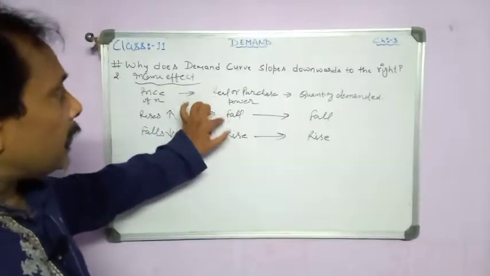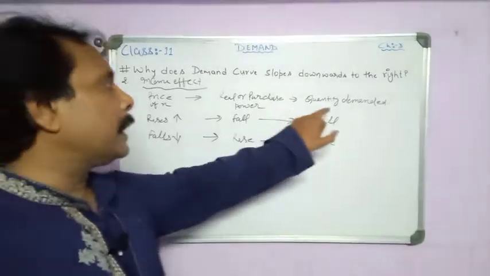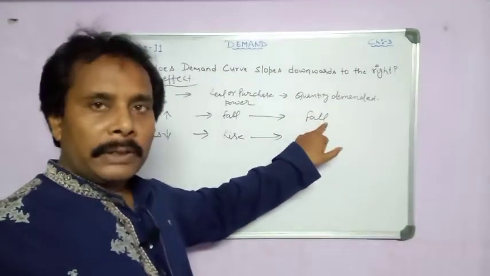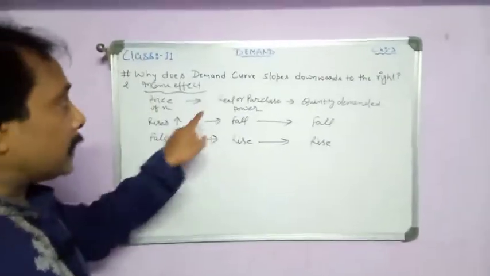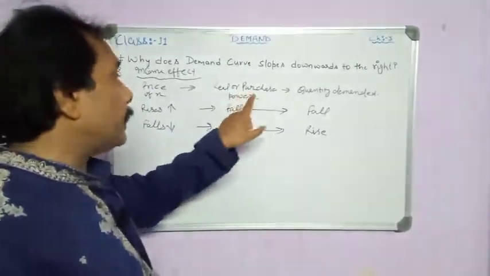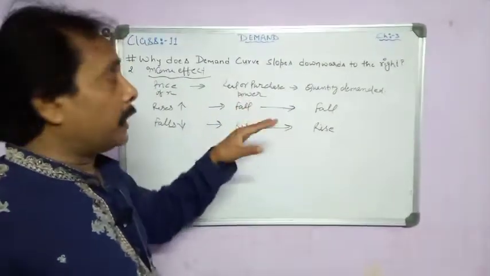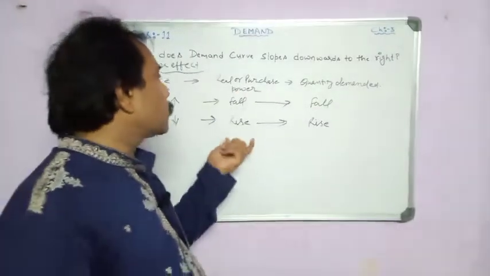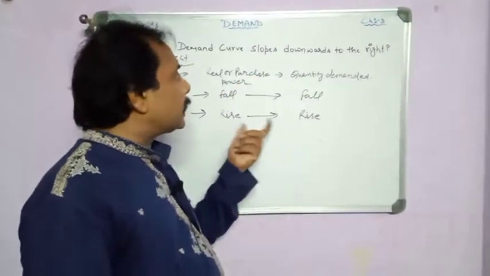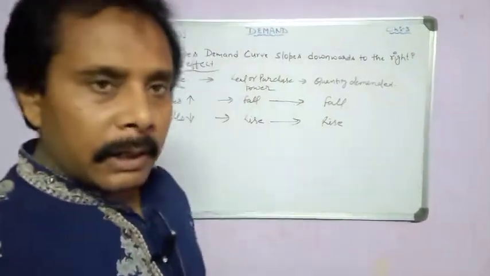So if the real income declines, as a result his purchasing power will fall and he is ready to buy less quantity. On the other hand, if the price falls, it means his real income will increase, there is more saving. As a result, the purchasing power of the consumer will increase. So if the purchasing power increases, he is ready to buy more quantity. Is it clear? Okay.